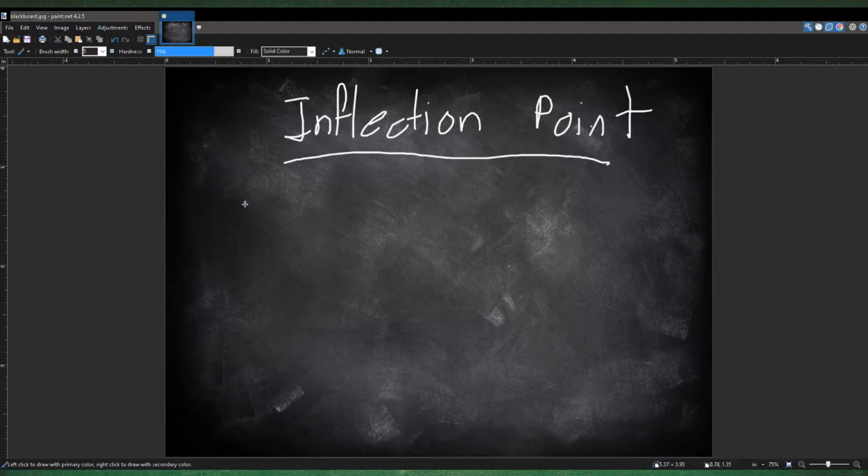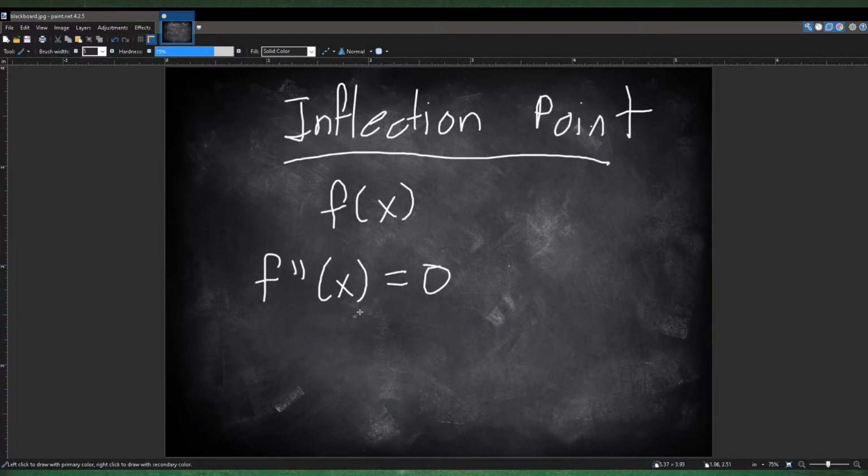You basically just look for the x-intercepts of the second derivative. So if you have f of x and you're looking for the inflection points of f of x, all you have to do is find the second derivative of that function and look for the zeros. Whatever x value that is, that's going to be an inflection point.